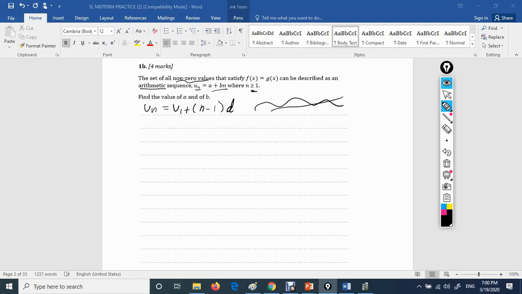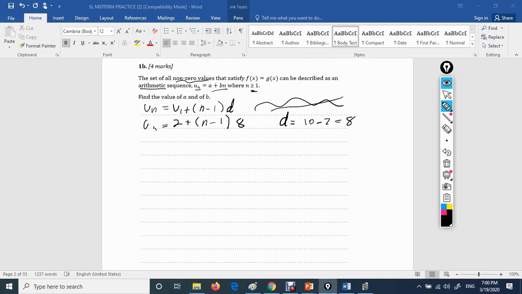So we can say then that the nth term is equal to the first term. Now, because this is the set of all non-zero values, the first term, remember from the previous question, was 2, plus n minus 1 times the common difference. But the common difference is easy to find out because we had two values before, right? We had 10 and we had 2. So 10 minus 2, which equals 8, will be our common difference.